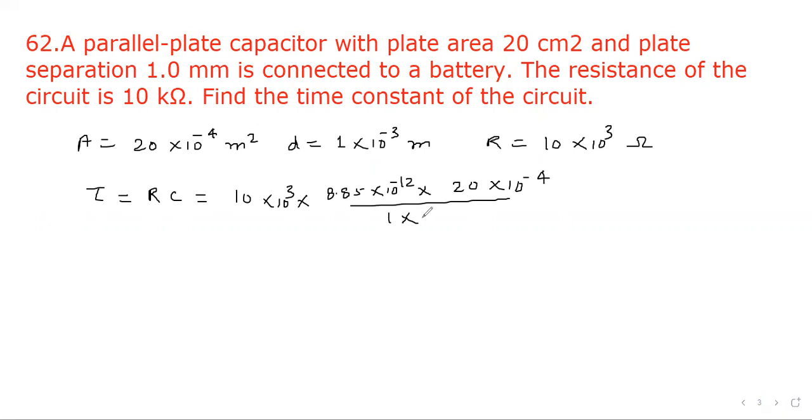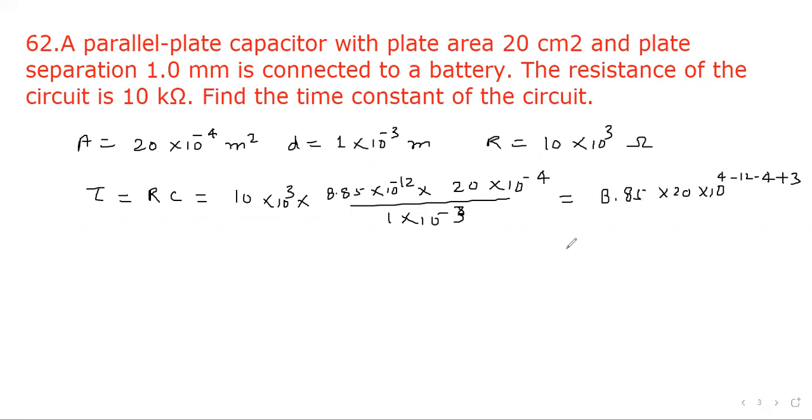Separation is 1 into 10 to the power minus 3. So we can simplify it. It will become 8.85 into 20 into 10 to the power, we count, 4 minus 12 minus 4 plus 3.